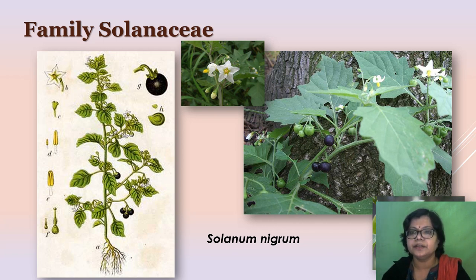Simple leaves, we have to mention whether hair is present or not, herbaceous, glabrous, hairy, cylindrical, flowers pentamerous, 1 2 3 4 5 fused together. So in this way we have to describe a family.